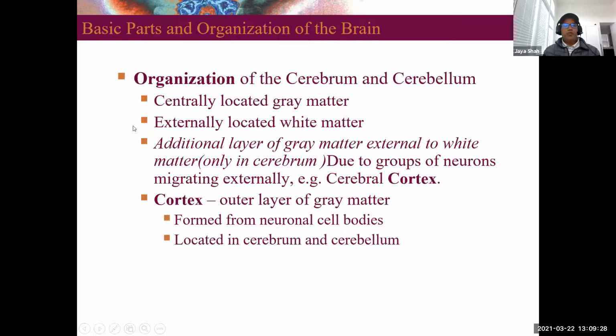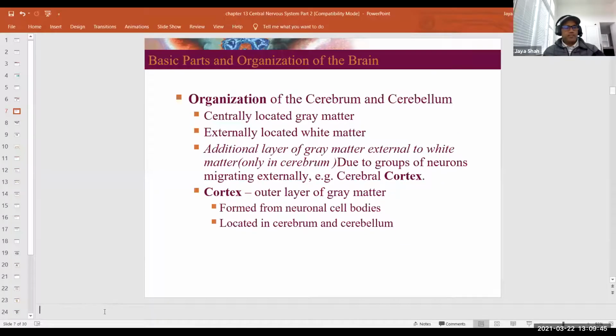And then if you go further out, there is an additional layer of gray matter external to that white matter, which is only found in the cerebrum. That's why this area of gray matter in the cerebrum is called neocortex.